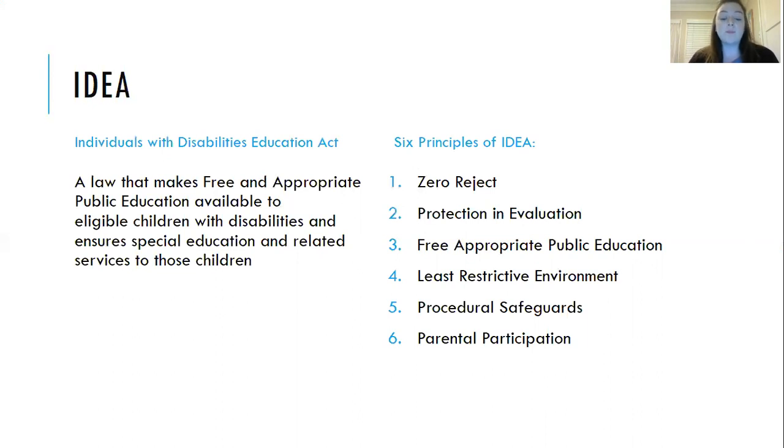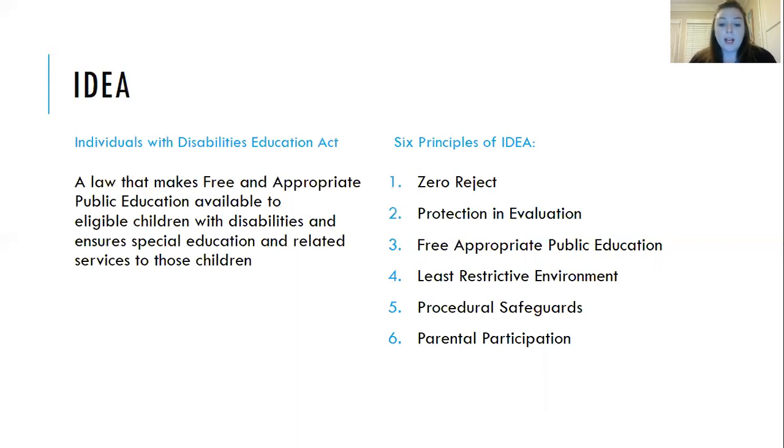The second principle is protection and evaluation, which means assessing to determine if a student qualifies for special education services. And the third is free and appropriate public education, which I'll go into in a bit, but that's developing and delivering an individualized education plan of special education services that confer meaningful educational benefits.